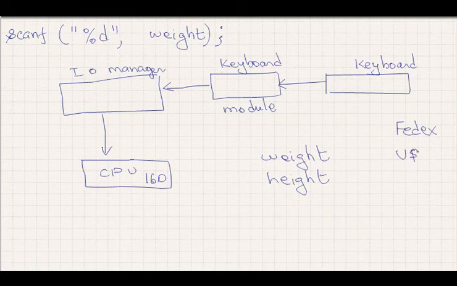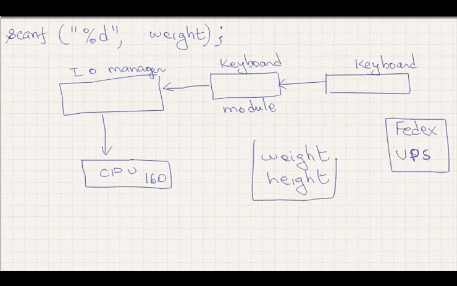When you send a data packet to them, they always ask, can you give me the destination address, right? It's much similar here. Without the address, the CPU doesn't know where to put it. That's why the scanf function always sends the address of the variable.